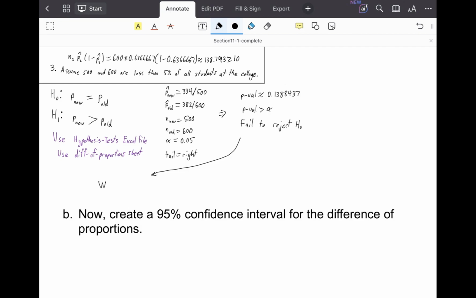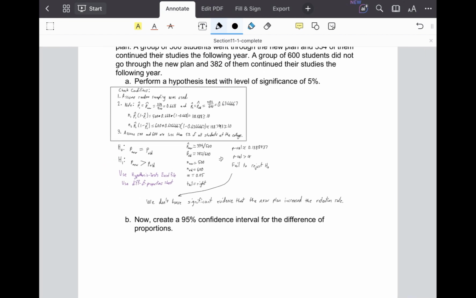And I'll say we don't have significant evidence that the new plan increased the retention rate. The evidence isn't quite strong enough.